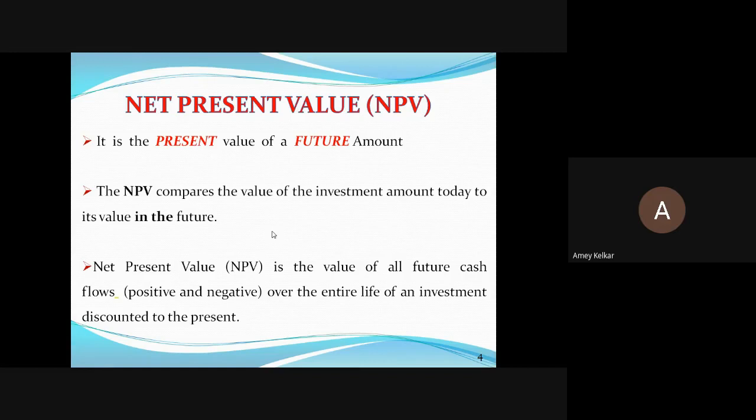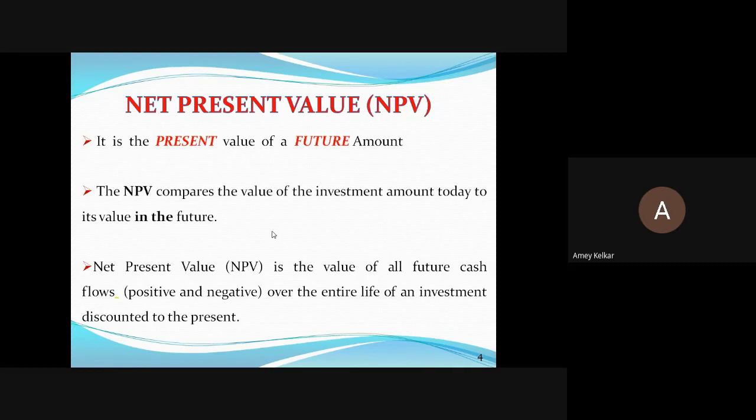Now, take an example of land. We are purchasing a land at, say, currently an amount of 10 lakh, but we anticipate down the line, after 5 years, after 10 years, what we'll get. That is the anticipated future amount, but the amount we pay for that land today is the present value.